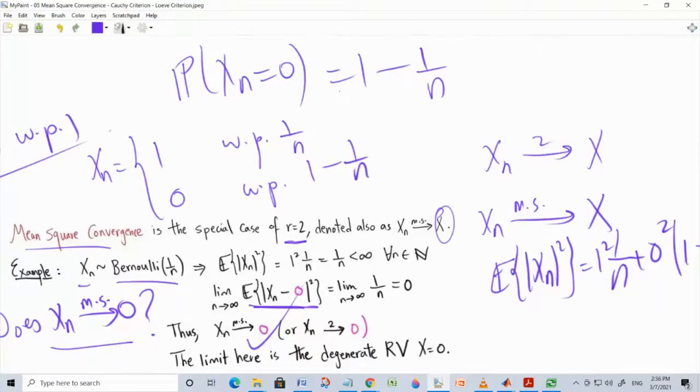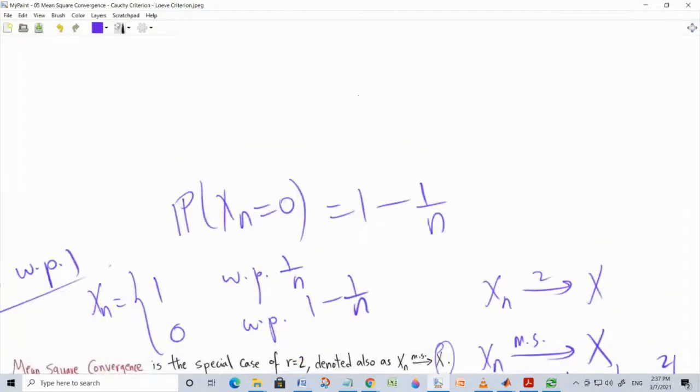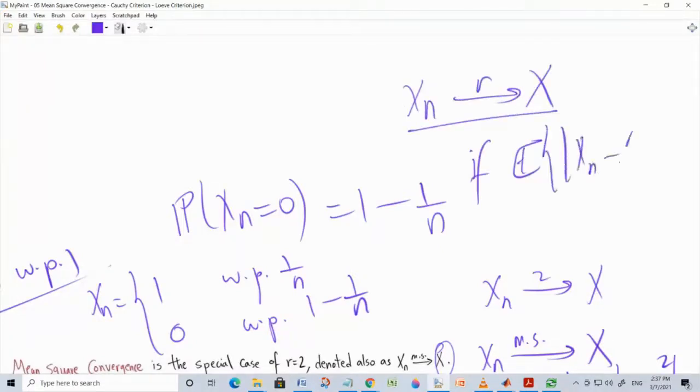So what should you do if you cannot guess the candidate limit? How can you study convergence? No one asked me about it, but it's very annoying. In the definition of convergence, we say that Xn converges in the rth mean to X if this limit goes to 0 as n goes to infinity.